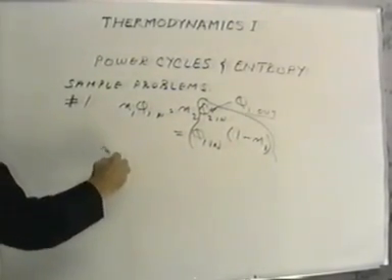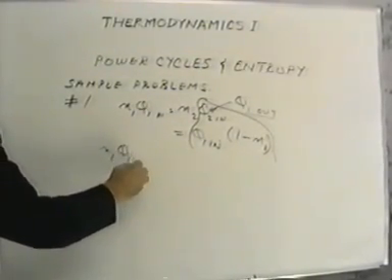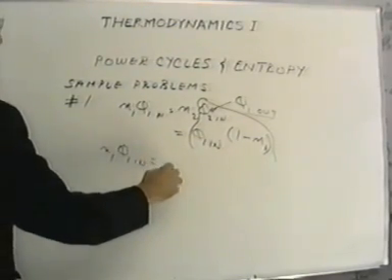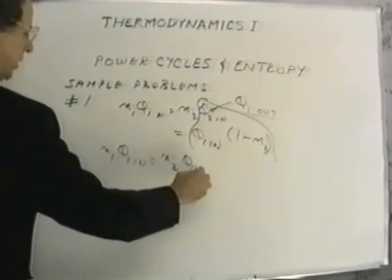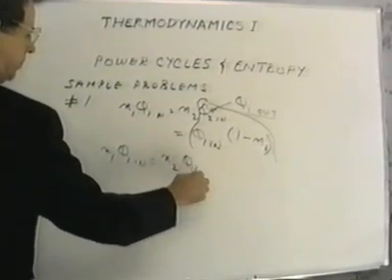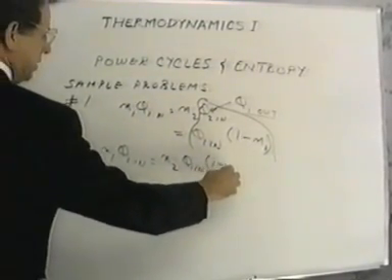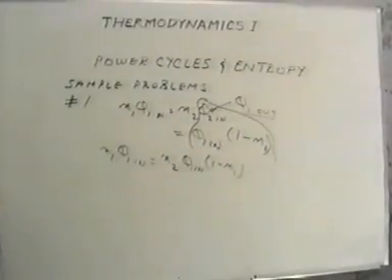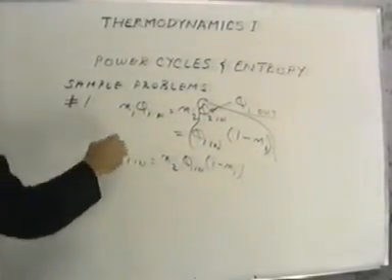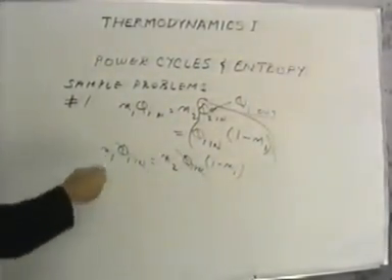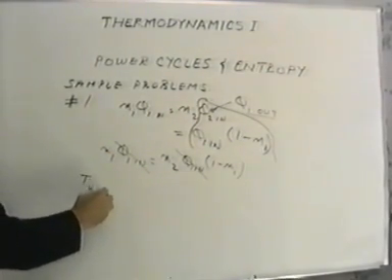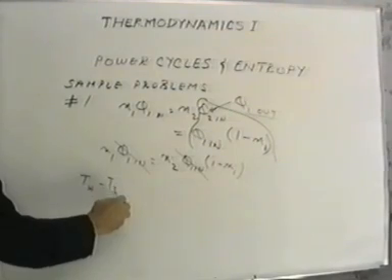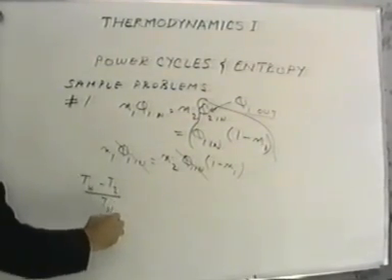So we have an equation that says that eta 1 times Q sub 1 in is equal to eta sub 2 times Q sub 1 in times 1 minus eta sub 1. These two cancel on either side. Eta sub 1 is equal to the high temperature minus the intermediate temperature divided by the high temperature.